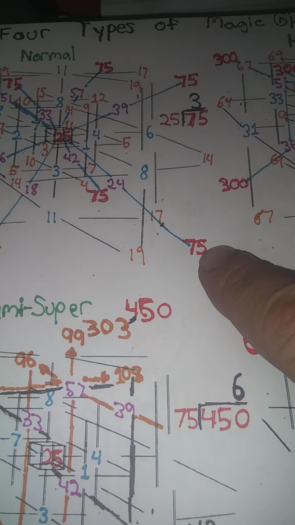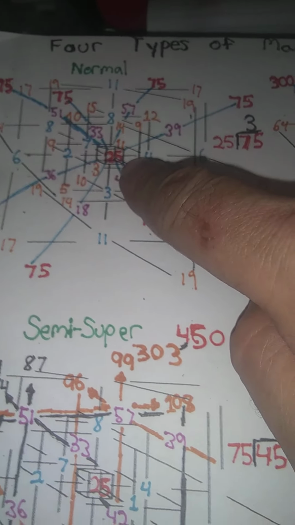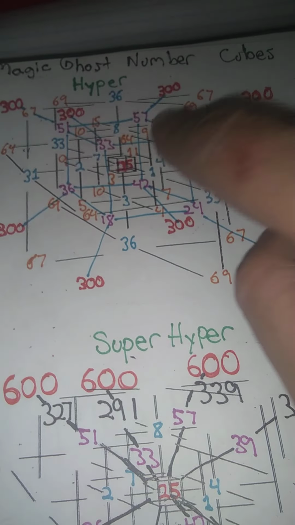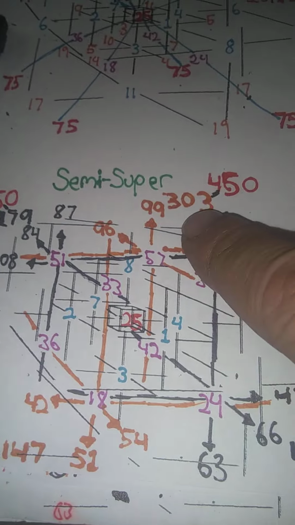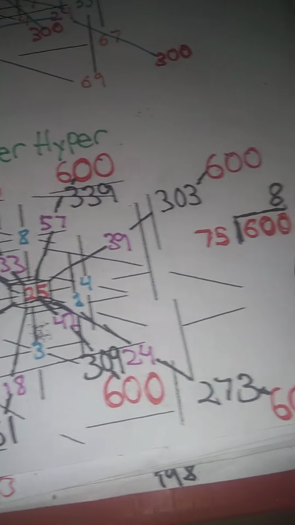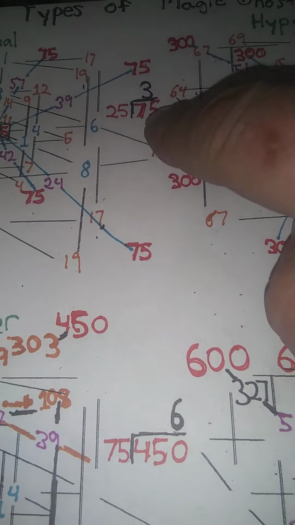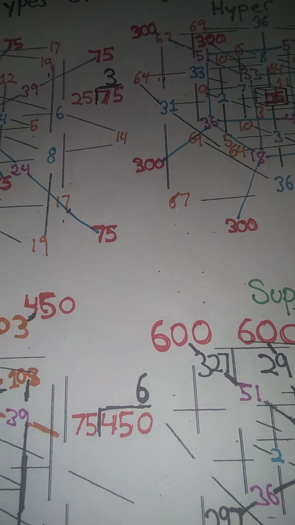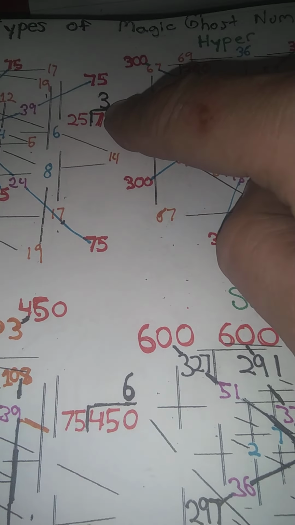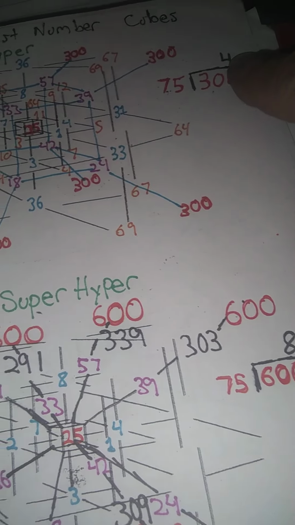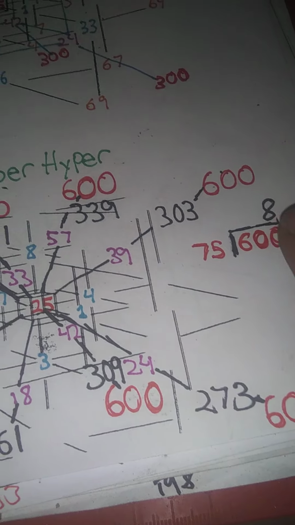If you add up only the outermost numbers of the normal cube to all the different variants of the hyper, semi-super, and super hyper, even with ones that have the numbers the same and ones that are random, you have 3, 4, 6, and 8.